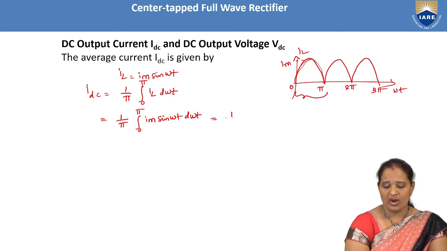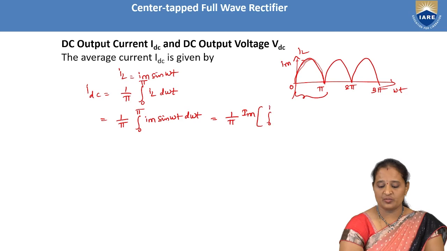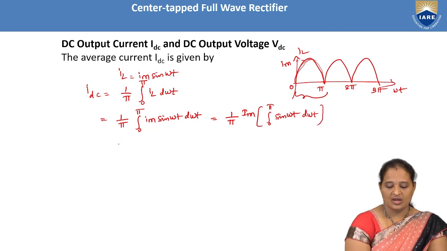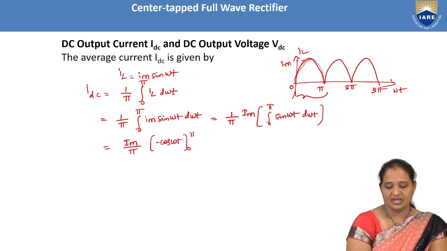So now 1 by pi, I am taking Im as constant and taking it out of the integral, 0 to pi sin omega t d omega t. Now we already know that the integration of sine is minus cos. So Im by pi, minus cos omega t, with limits from 0 to pi.